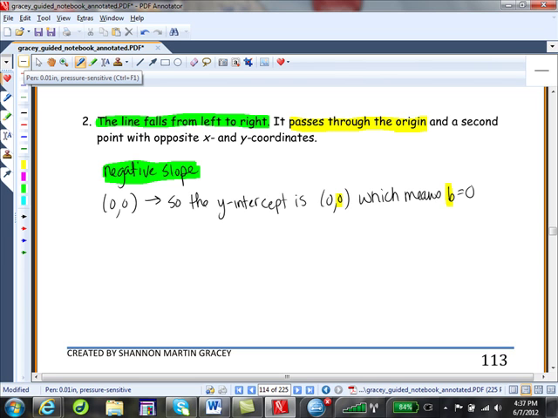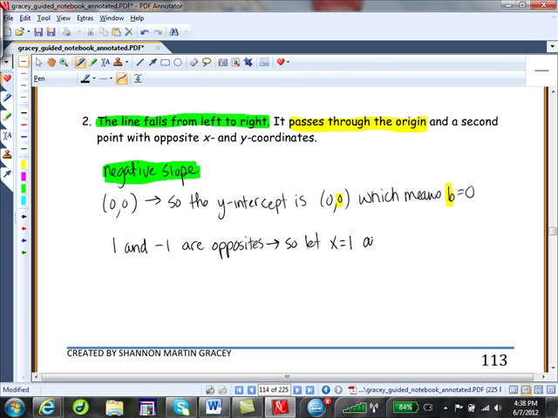So I don't know, why don't we just use 1 and -1, they are opposites, right? So let x equal 1 and y equal -1. So this is how we're dealing with the second point. Okay.